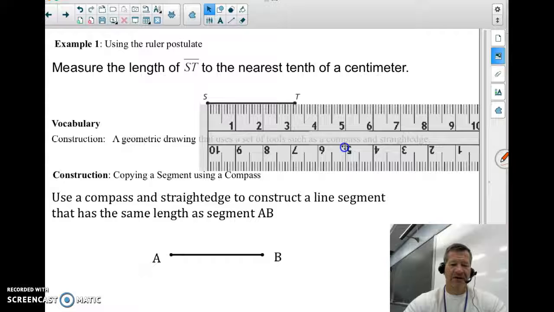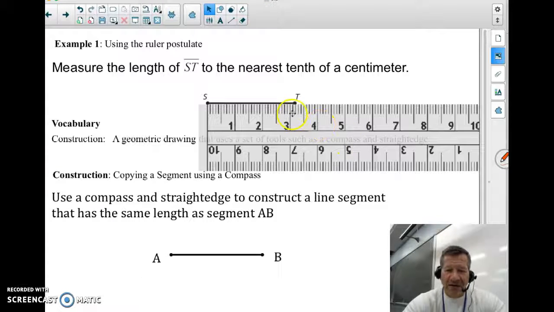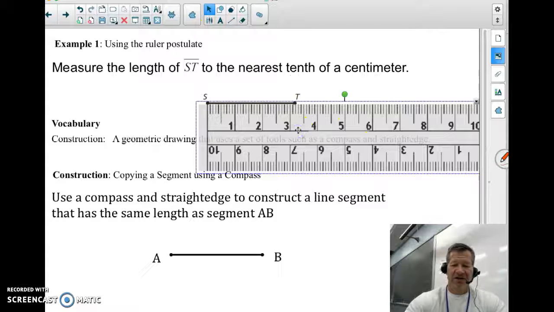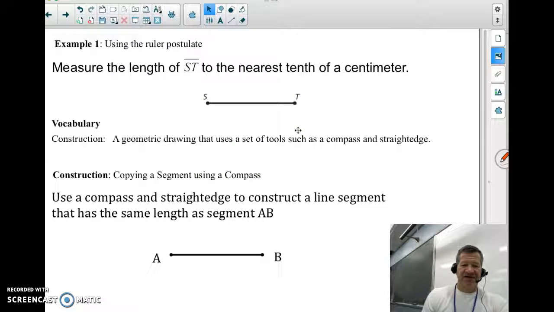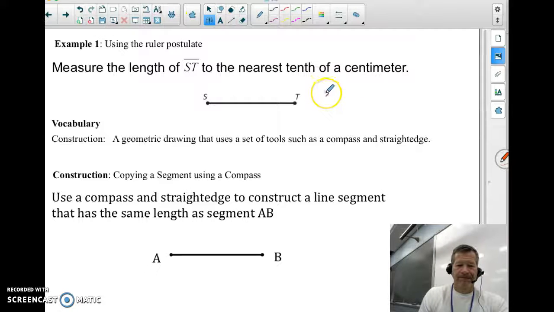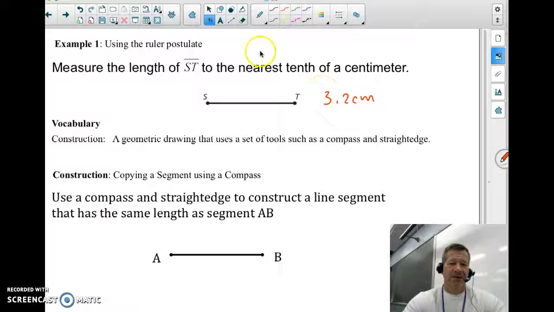Why not, right? So I put it right at the center of point S, and it goes over to 3.2 centimeters, I would say. So ST would be 3.2 centimeters. And there we have it. So all done.